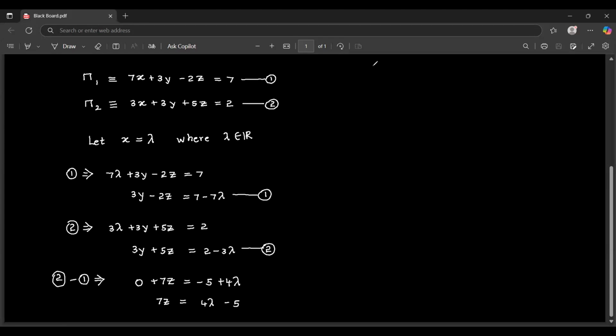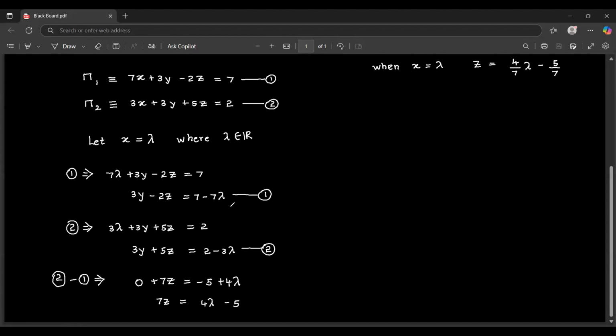Which means that when x equals lambda, z will be equal to 4 over 7 lambda minus 5 over 7.